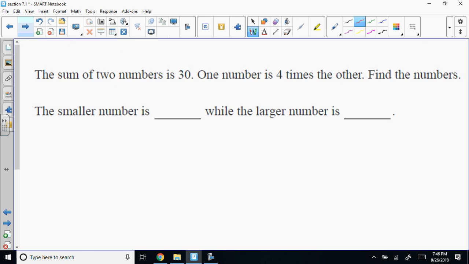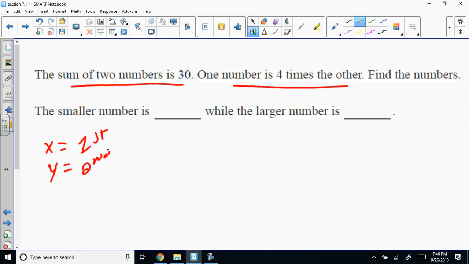All right. Okay, guys. Word problems with systems. Y'all ready? Let's go. The sum of two numbers is 30. One is 4 times the other. Well, do we know what those two numbers are? Nope, we don't have a clue, right? So x equals one number, y equals what? Second number, right?